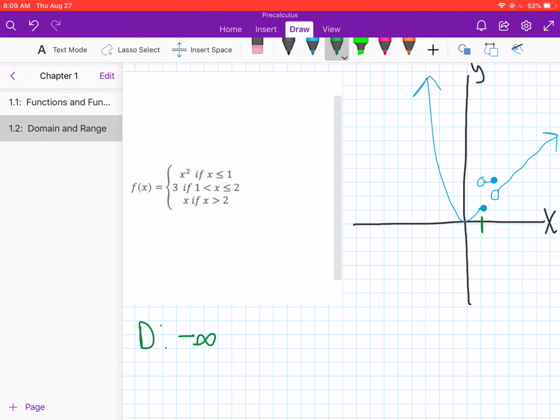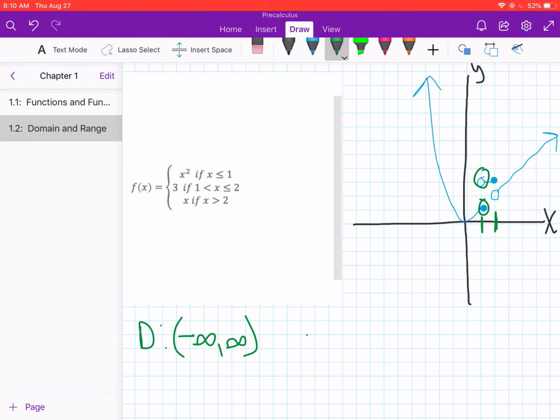I know it's not continuous, but since we have this point here, and then we start up again over here, we're going to treat it as if it was continuous when we're stating the domain. We're not going to have to break it up. Same thing at 2. Just because we have one closed circle, it's included, and then it continues on another piece, it's going to work. It's going to go forever and ever in the right direction, so it's going to go to infinity. Remember, infinities, we always use parentheses, so there we go.